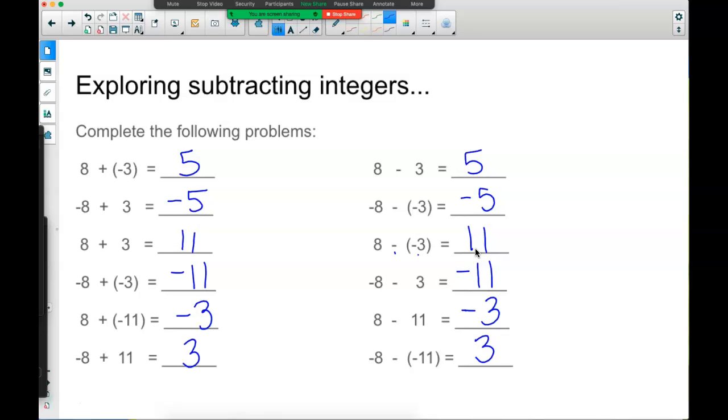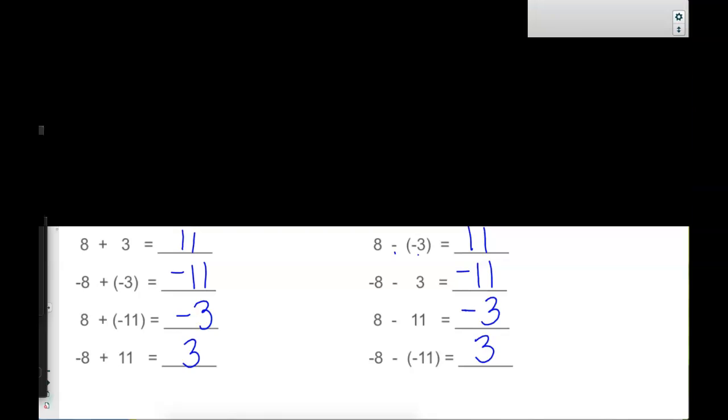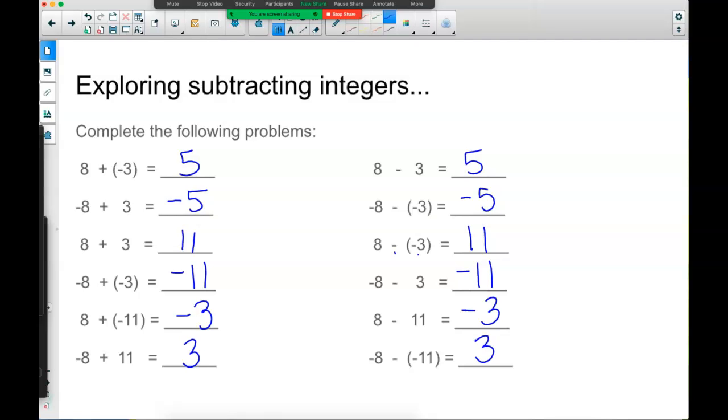Those of you at home, if you notice anything, raise your hand. You can unmute yourself and say it. Do you notice any other similarities? Elizabeth, go ahead. Okay, so you're noticing that the signs of the numbers.